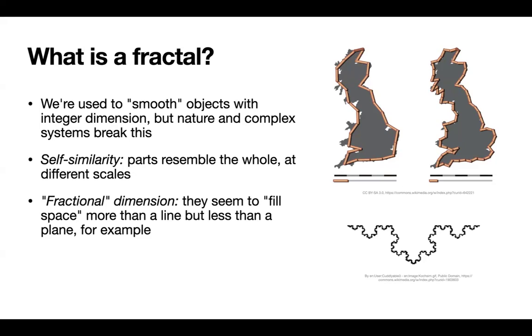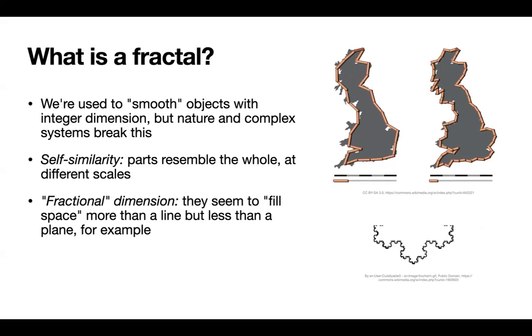Mathematicians often can't agree on precisely what a fractal is, but they agree on two aspects. One is self-similarity. Here's the Koch snowflake, a particular kind of fractal. Another, which is quite important, is fractional dimension.